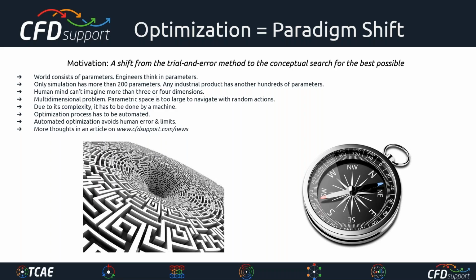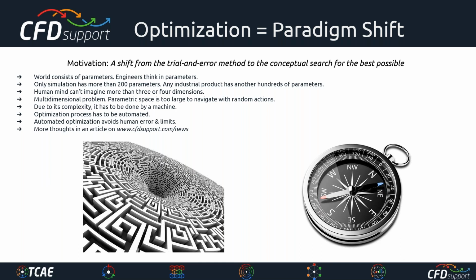So I'll skip all these slides. Maybe I will stop here for a second. It explains why we are so into the optimization. We believe that optimization is a real big shift in the field. We believe it's a paradigm shift, a shift from the trial and error method to the conceptual search for the best possible.